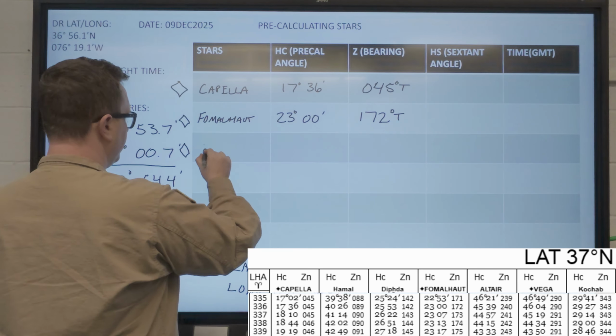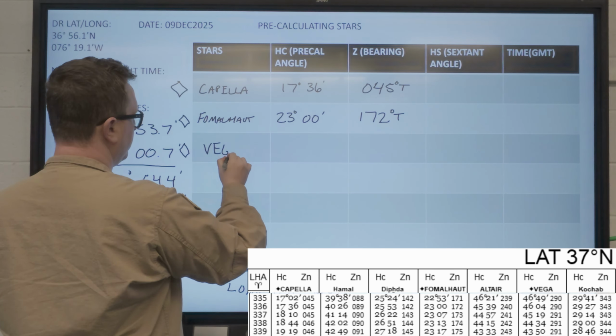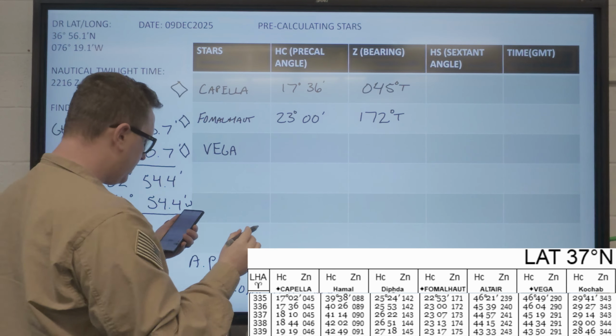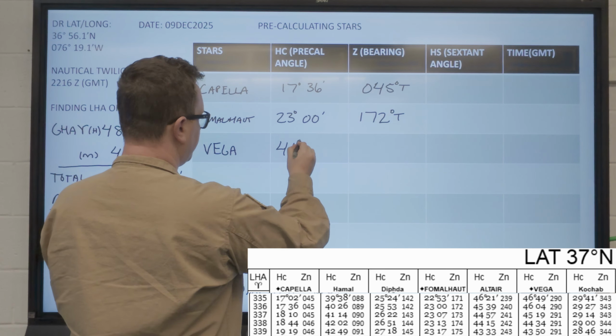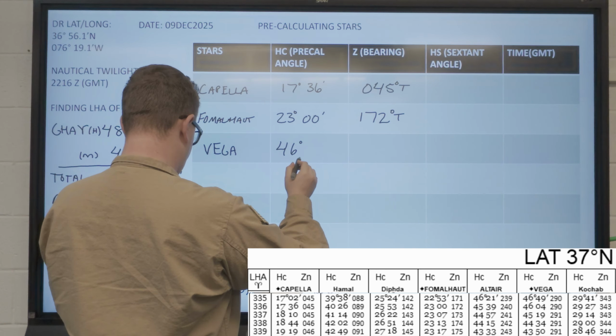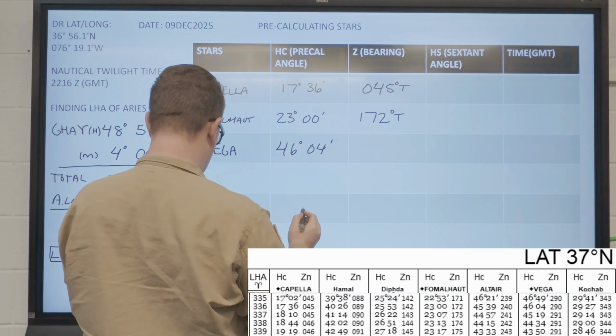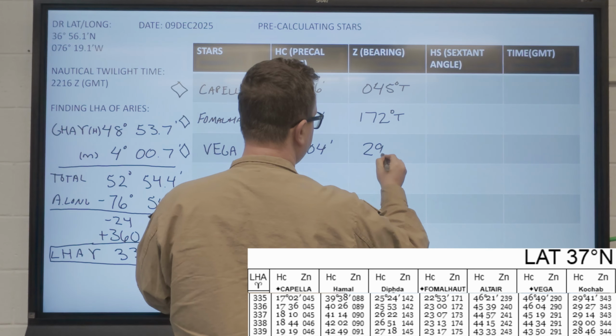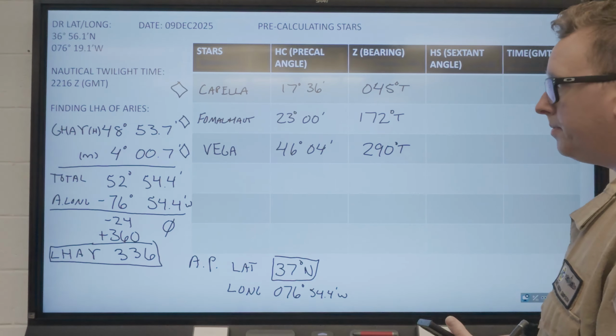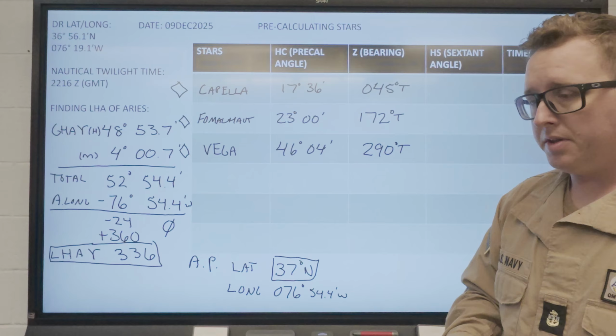And the final star, Vega, probably one of the most well-known stars out there besides Polaris, 46 degrees, 04 minutes, with a bearing of 290 degrees true.